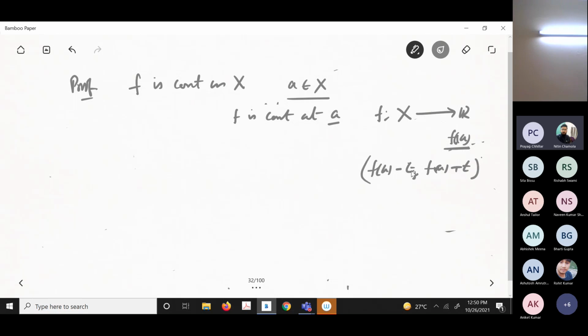And I need a neighborhood of a, an open set U containing a such that f(U) is contained in this ball.